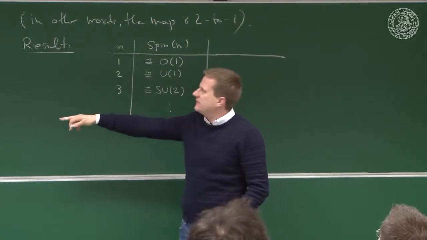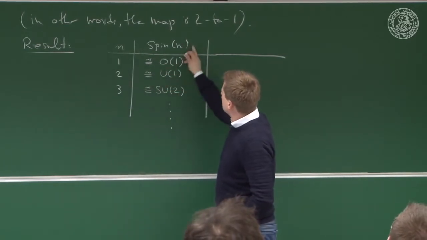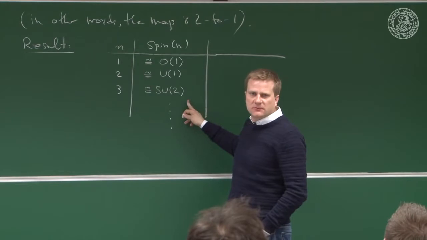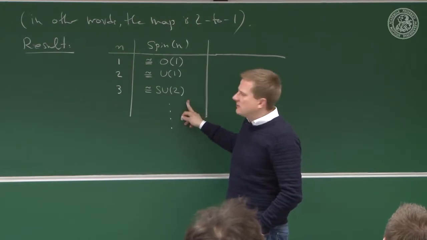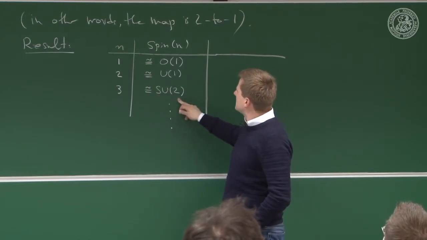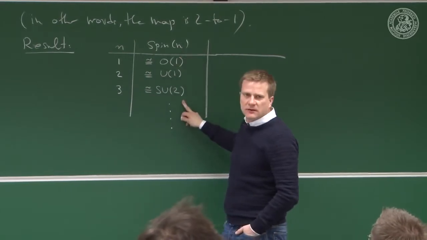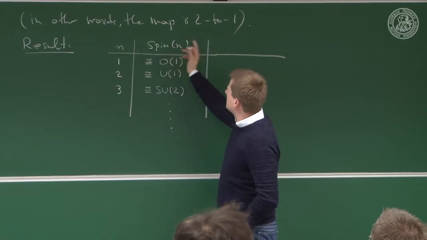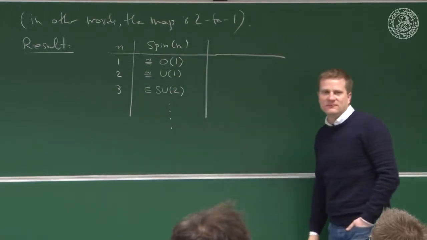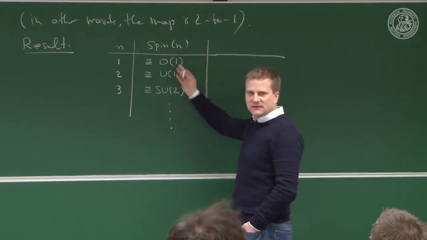So this seems like a complicated definition, but as soon as we understand this, we can of course work with it as usual. So if you see the spin 3 group, you know it's SU2. If somebody talks about U1, you would know it's spin 2. Maybe they use it in another context, but that's the case.